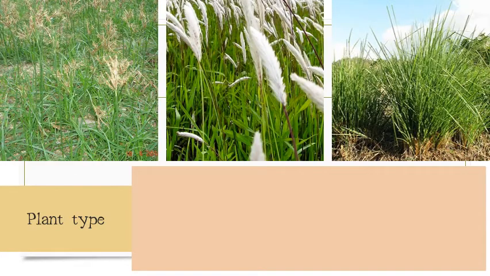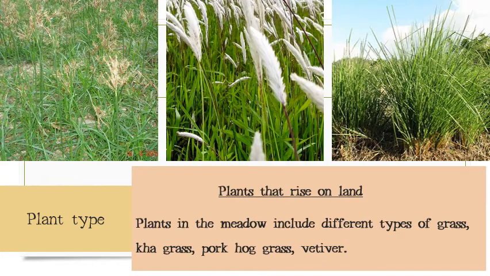Another type of plants. These plants still grow on the land, and this plant is called a meadow plant. That includes different types of grass.